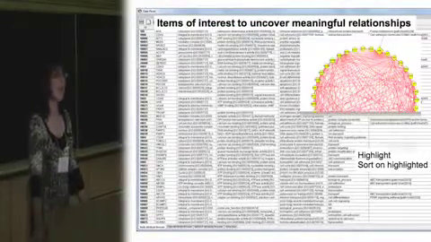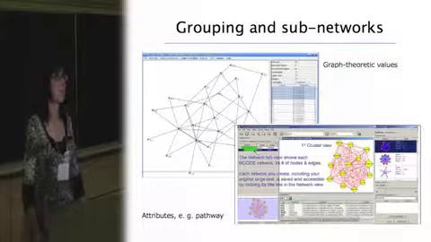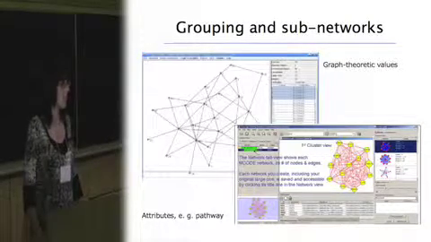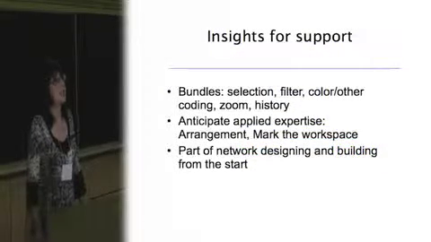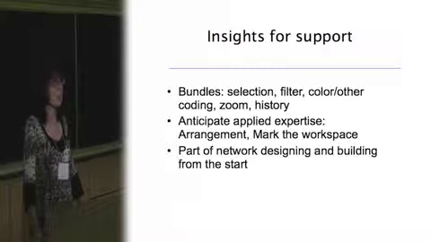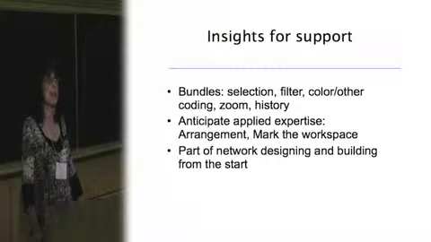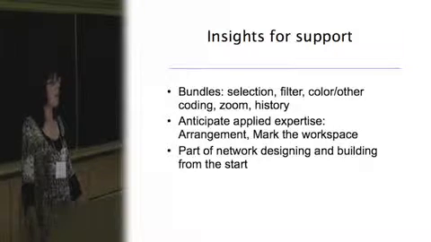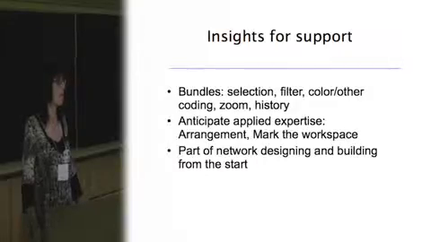And grouping and subnetworking is very important, but we have to be able to move from those set subnetworks back to the whole context. So insights for support here are to give these kinds of interactivity in bundles, to anticipate that people are going to apply their expertise and make it easy for them to arrange as they need to and mark their workspaces, and that it needs to be part of network designing and building from the start.